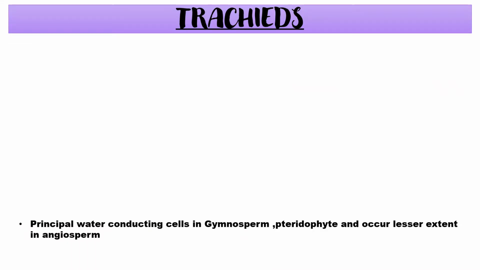So the first element of xylem is tracheids. Tracheid is the principal water conducting cell in gymnosperms and pteridophytes, whereas it occurs to a lesser extent in angiosperms or flowering plants.